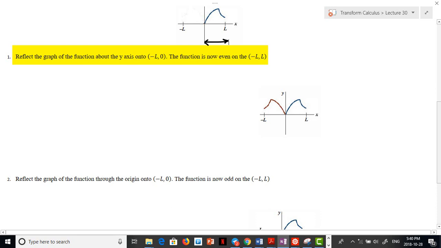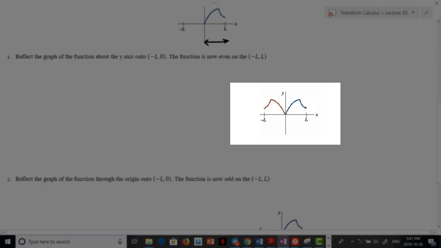So we can reflect the graph of the function about the y-axis onto the range of minus L to 0. The function is even now, so you can easily find the Fourier series using the formula that we had in the past. For example, here the blue plot is the graph of our function.